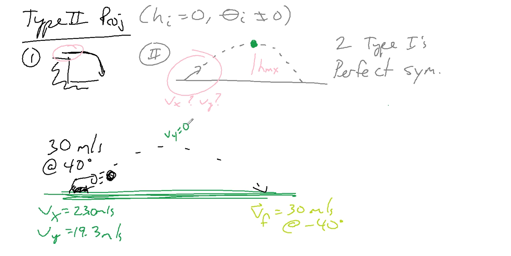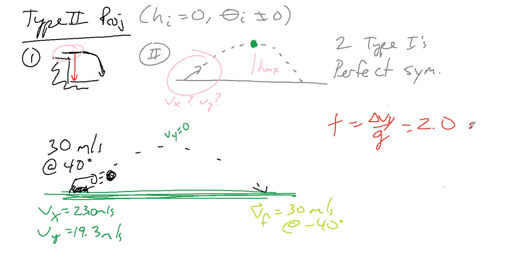The same way we found the time in type 1, where we dropped things straight down, we could find the time using v = at. I can do the exact same thing on the way up in a type 2. So to find the time, that's my change in Vy divided by gravity. I take that 19.3 and divide by the acceleration from gravity, and let's round off: we'll say it's 2 seconds.